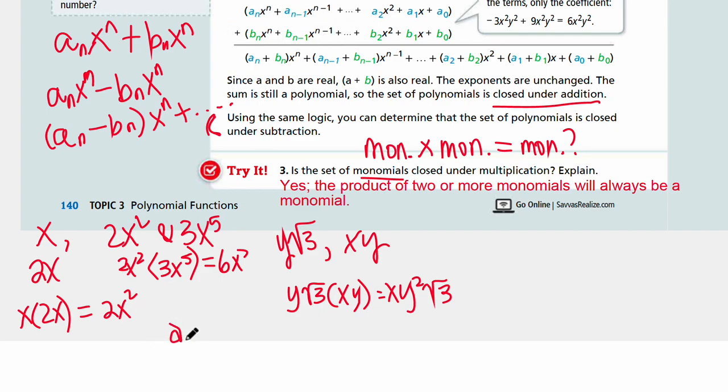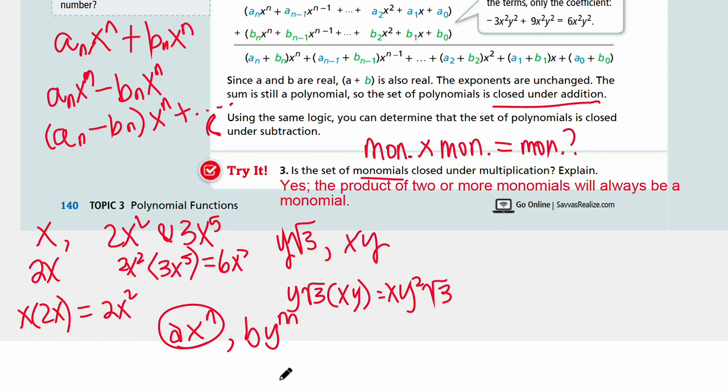So let a be a constant, any constant, a real number, and then a variable, x to the nth power. Okay, this is a monomial. And then another monomial, b times, let's use a different variable, y to the nth power. Okay, and yeah, it could be different powers, right?